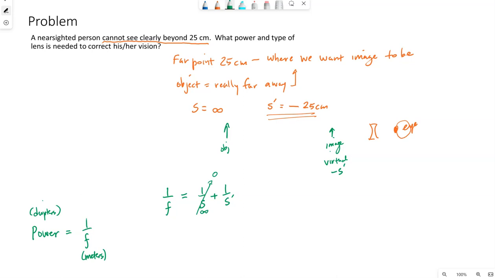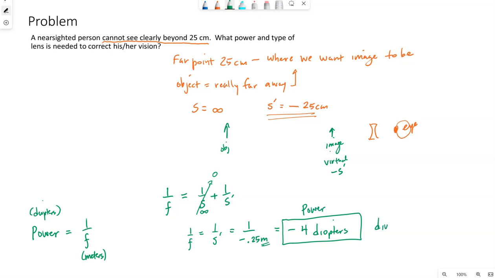So 1 over F is going to be simply 1 over S prime. So we want S prime, we want the image to be at negative, because it's virtual, 0.25 meters. I need this in meters for this to be diopters, which is what we call the power of the lens.